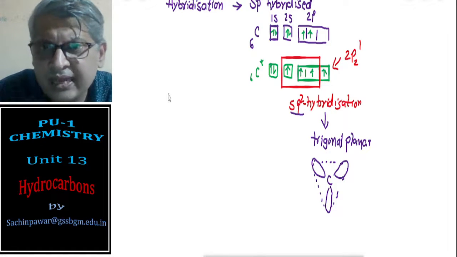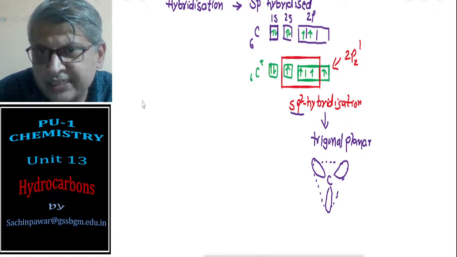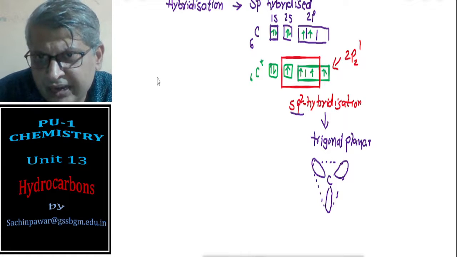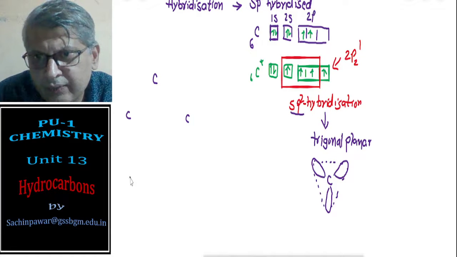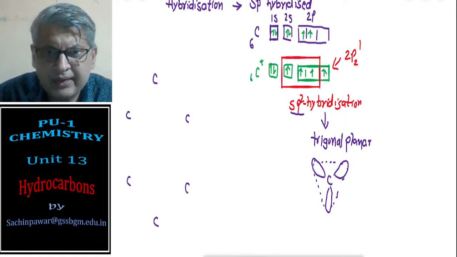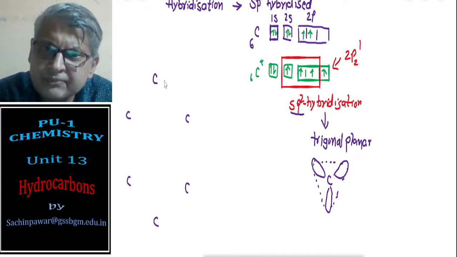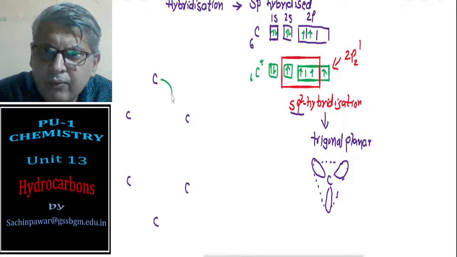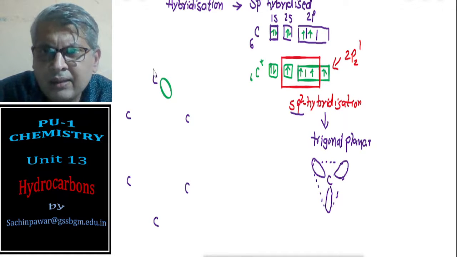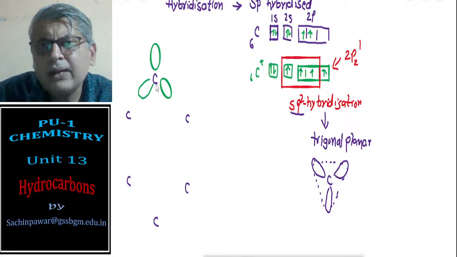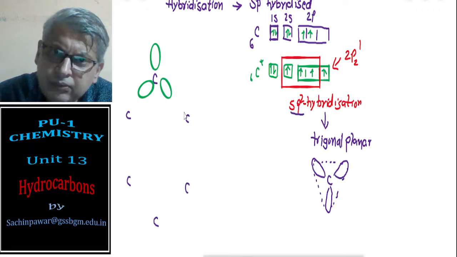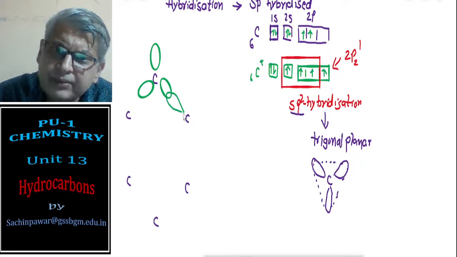So if I have to write benzene, I will write the six carbon atoms 1, 2, 3, 4, 5, 6. Every carbon atom has sp2 hybrid orbitals 1, 2 and 3.